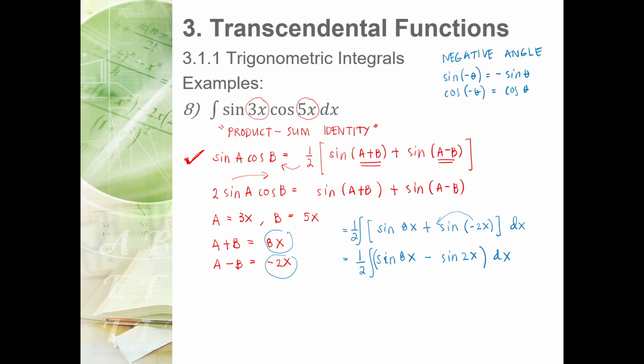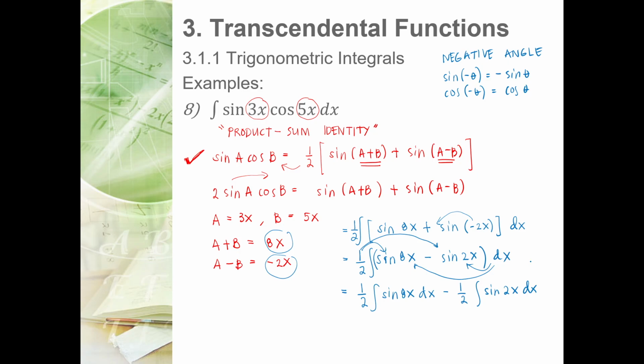Okay, creating two different kinds of integrals. So we have 1/2, and again distribute, also the dx. This gives us 1/2 integral of sine 8x dx minus 1/2 integral of sine 2x dx.